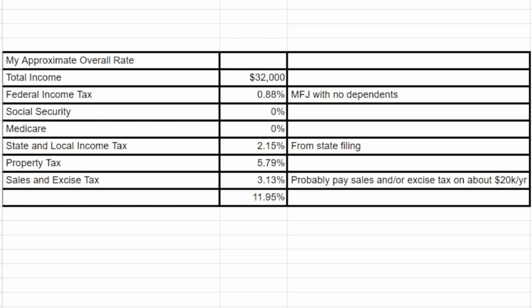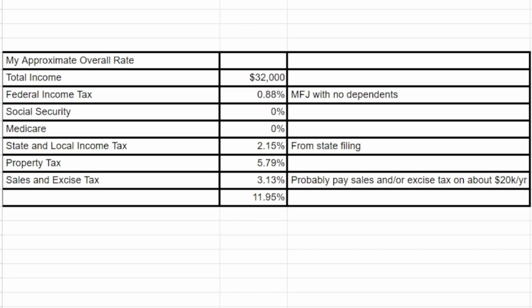State and local income tax is 2.15%, and that's from the state filing, and that's Maryland. Property tax is 5.79%. That's the effective property tax rate as compared to my total income. Sales and excise tax is 3.13%.